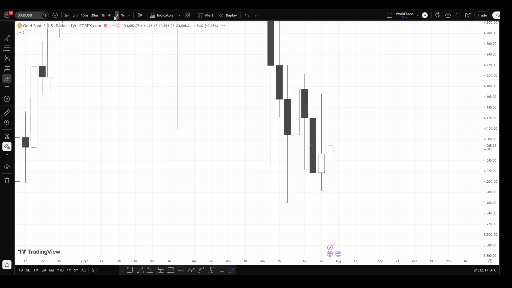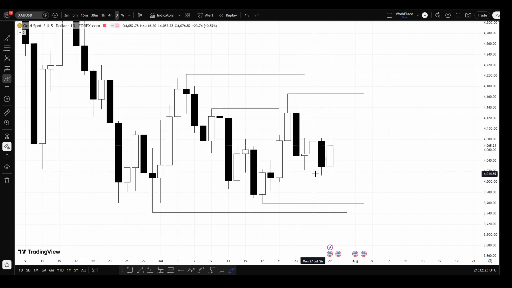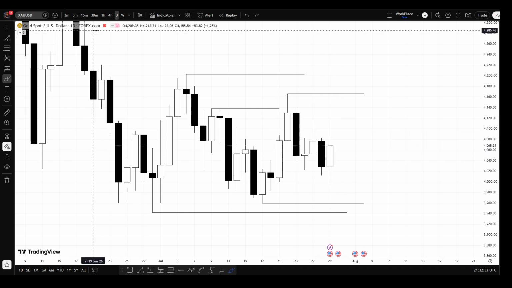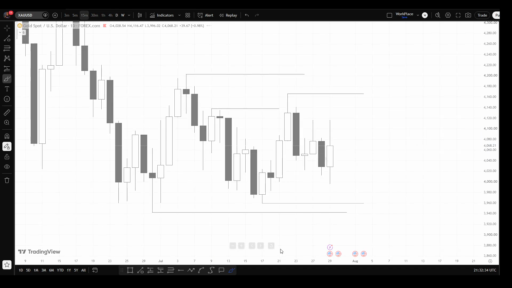But on the daily time frame, I don't have any bias. We swept this low and then we swept this high. So price is currently ranging on the daily time frame. So I don't have any trade on the EURUSD for the next day. So I stay out of the market on the EURUSD.